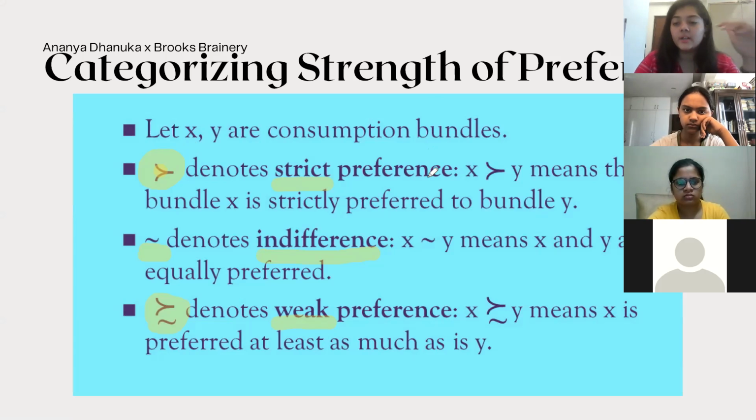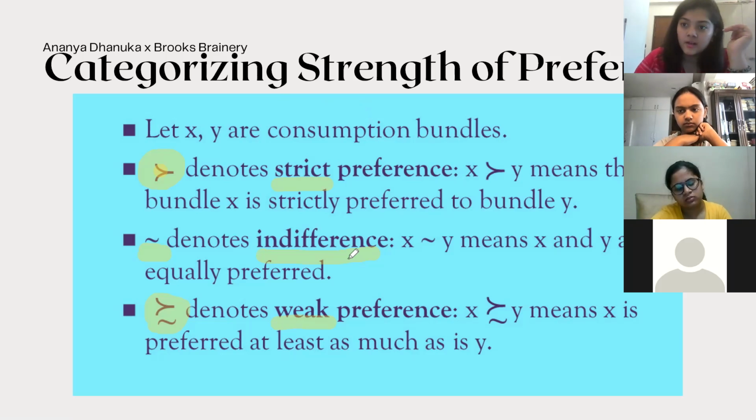At any given point, given any commodity, you should be able to tell whether you strictly prefer A over B, whether you're indifferent between A and B, or whether you have a weak preference between A and B. There can be no commodity or situation where you say, you know what, I don't really know. Economics doesn't see that. So you need to have a particular preference, which is why it's important to understand how these preferences are ranked. Okay. And now, since I've started talking about assumptions, let's move on.